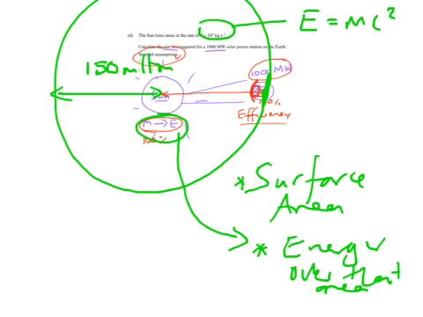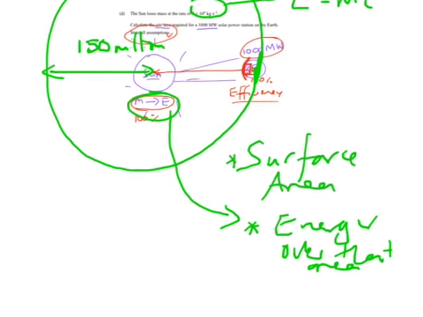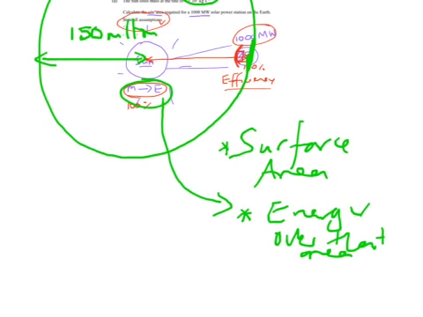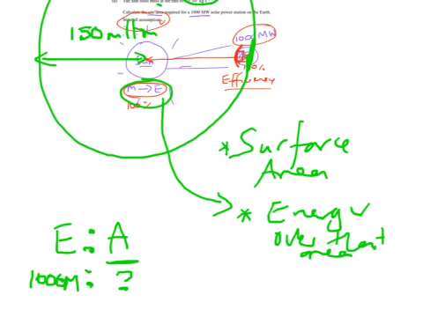And now what we would have to do is work out, because that's going to give us a ratio of energy per unit surface area, and we want to get that ratio up to find out what area is required for that 1000 megawatts. Okay, once we've got that surface area for there, that is our site area required.